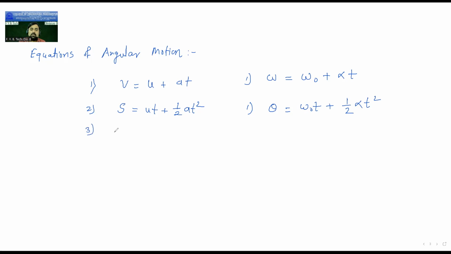The third equation is v square is equal to u square plus 2as. So here what is the third equation? It is omega square is equal to omega 0 square plus 2 alpha theta. So these are the equations of angular motion.